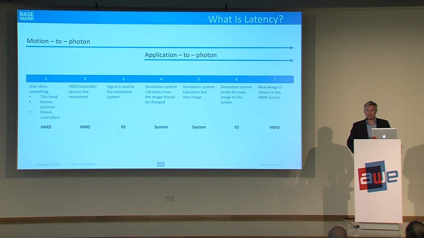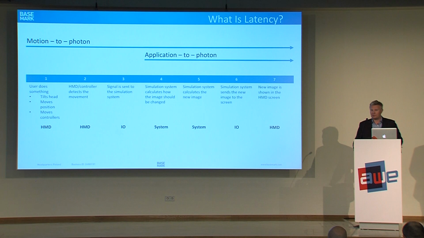The first two parts are HMD, but then there's an input-output, which is how fast electricity goes to the simulation system. But in the simulation system you usually spend the most amount of time. This is getting the signal in, then calculating what the new image should be, then rendering that new image, and then sending it to your HMD. So this is where the most milliseconds are wasted.